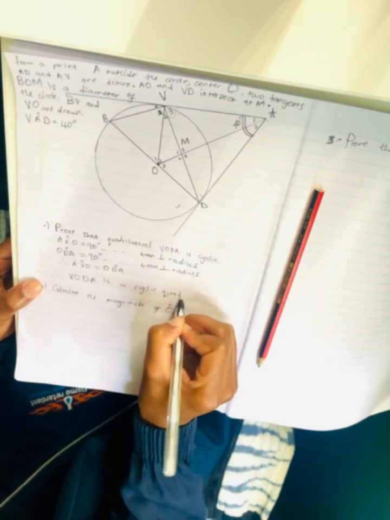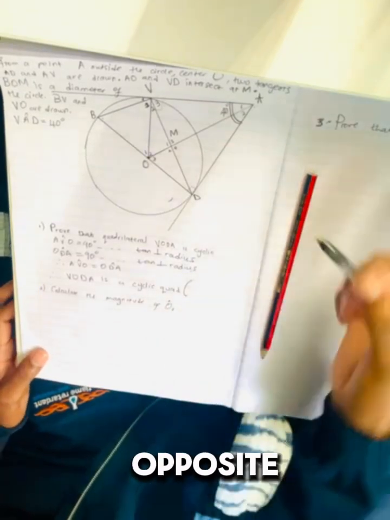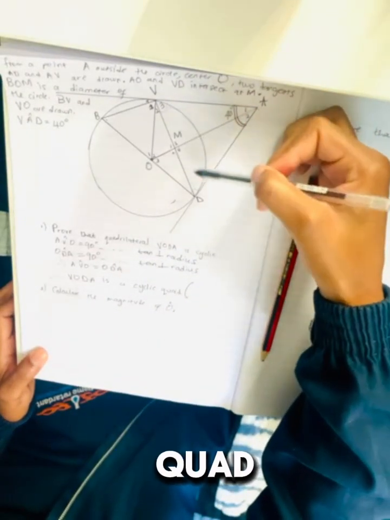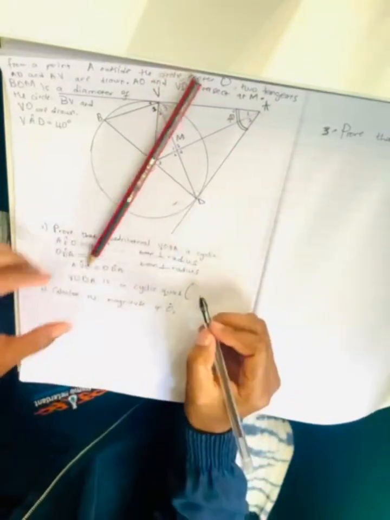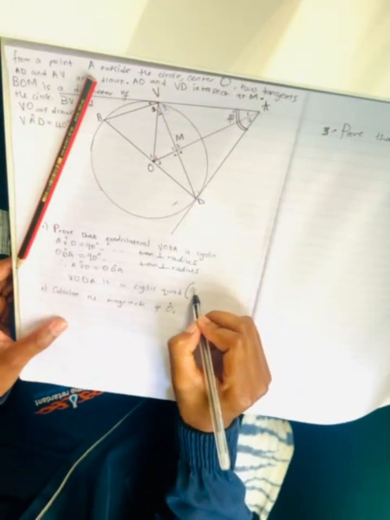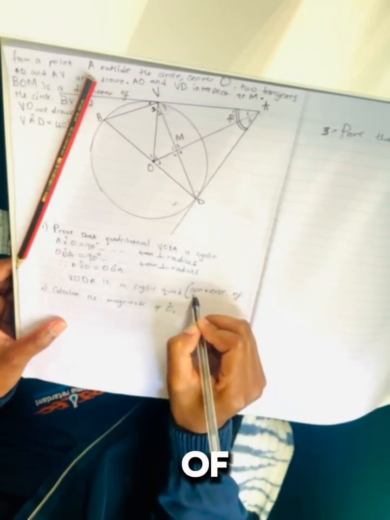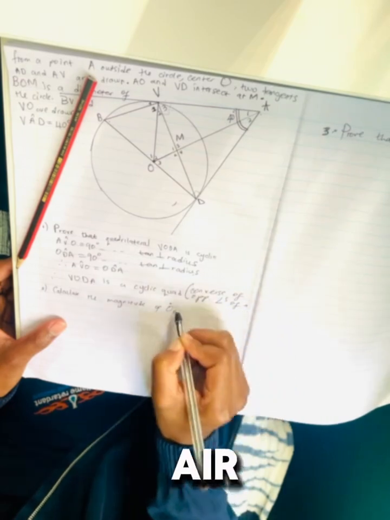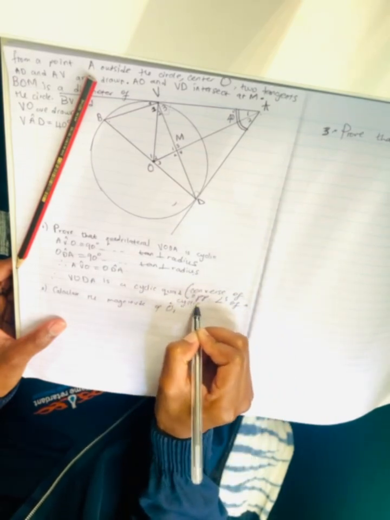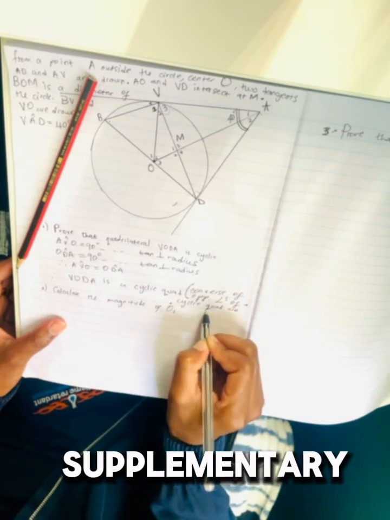The reason is the converse of opposite angles of a cyclic quad are supplementary.